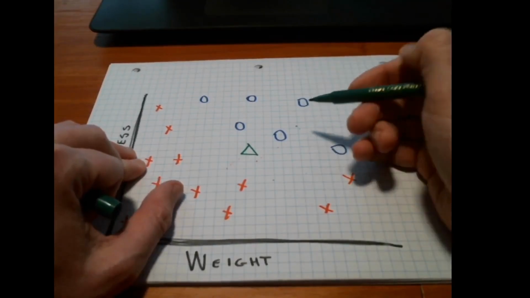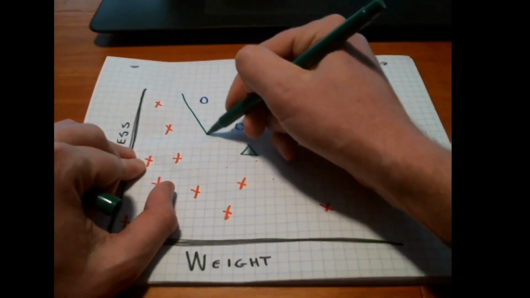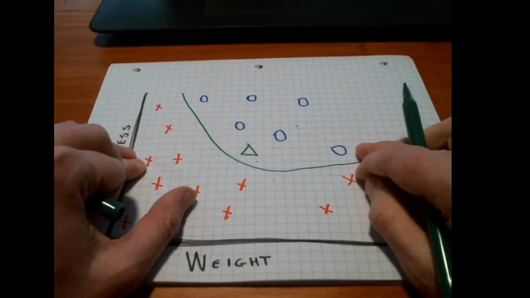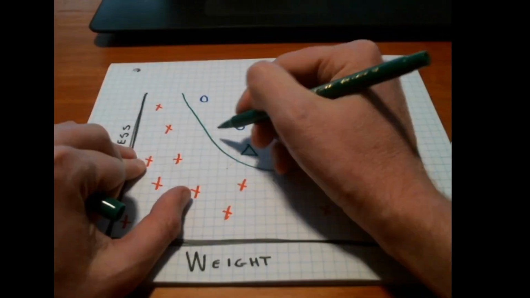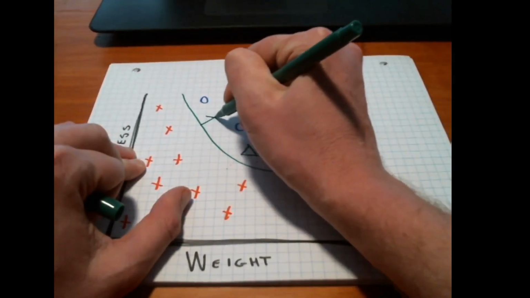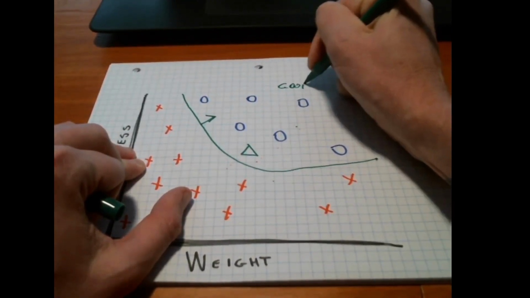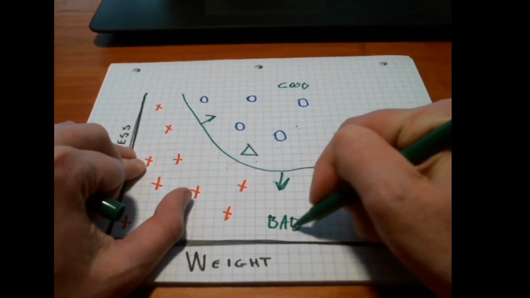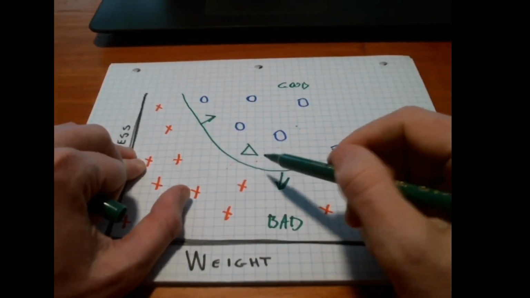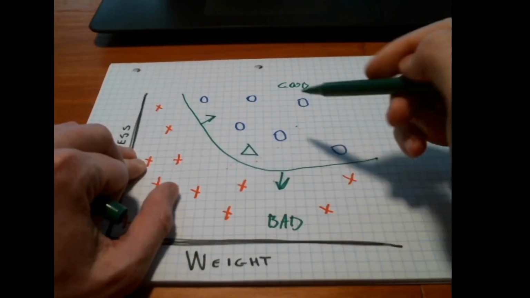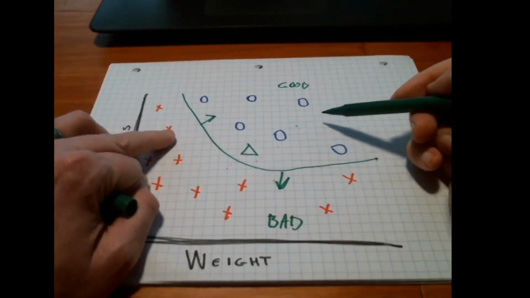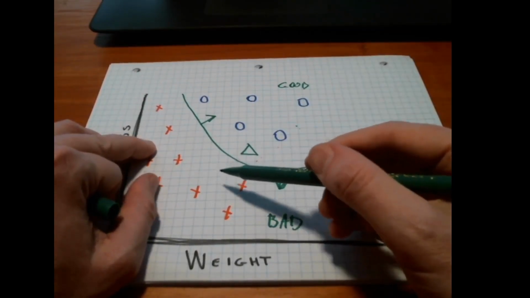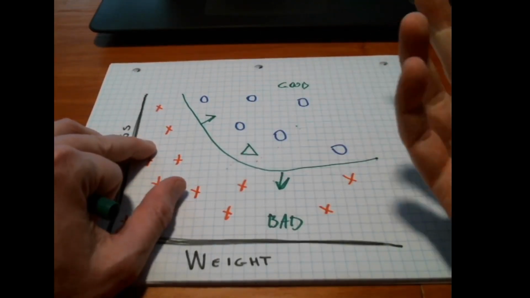If we draw a curve between the X's and O's, we've created what's called a decision boundary. Everything on this side of the boundary will be accepted as a good tomato, and everything on this side of the boundary is going to be rejected as a bad tomato.